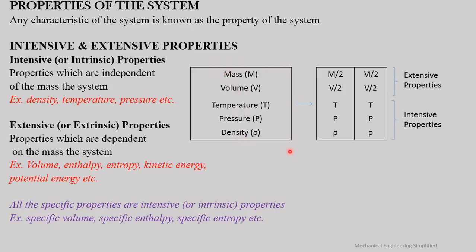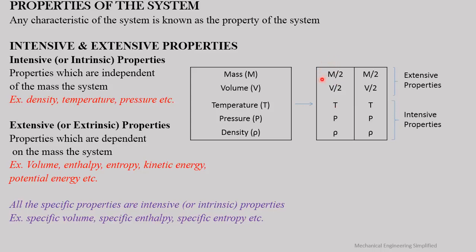See, we have a system containing a substance having mass m, volume V, temperature T, pressure P, and density rho, and we divide that system by making a partition. Then we note that the mass in each section gets halved, volume gets halved, and temperature, pressure, and density remain the same.